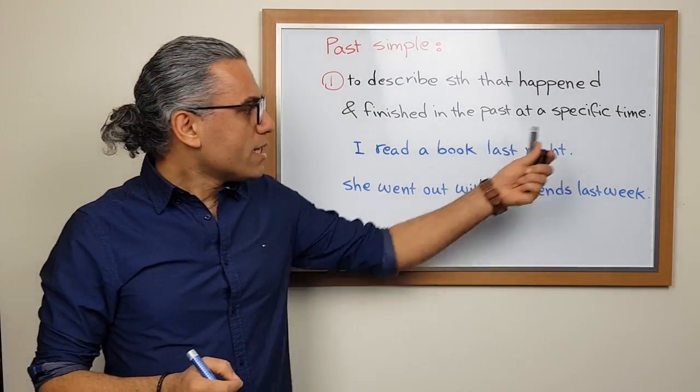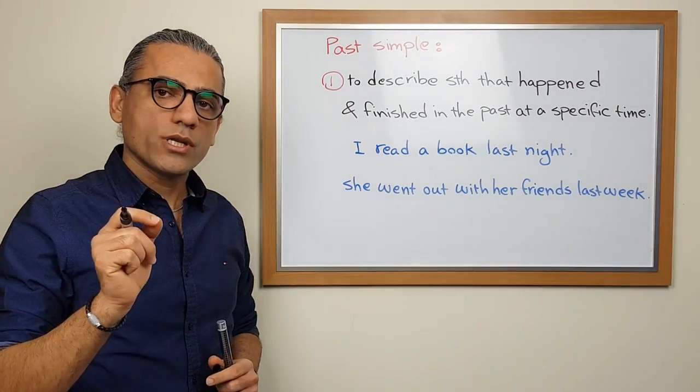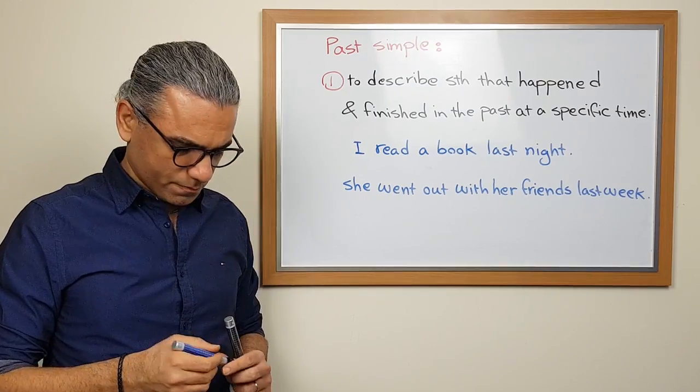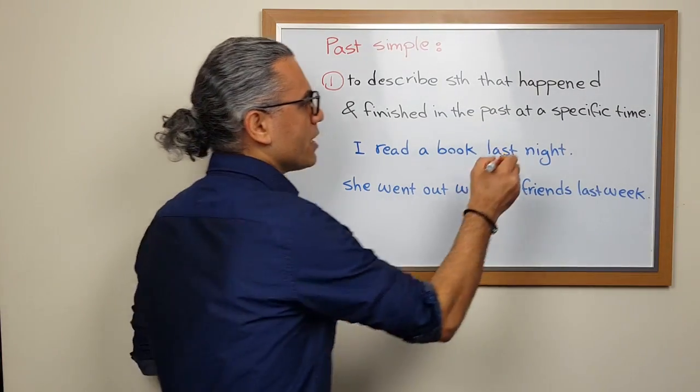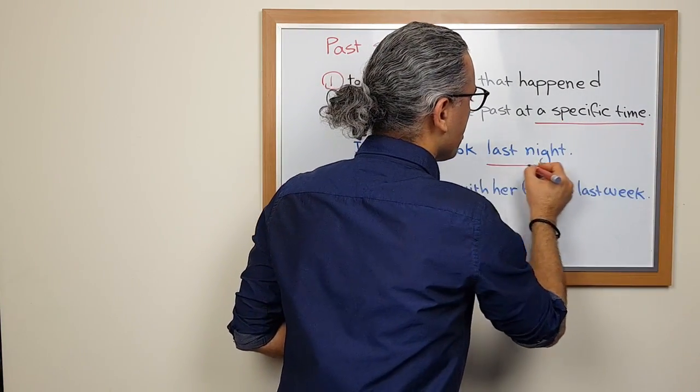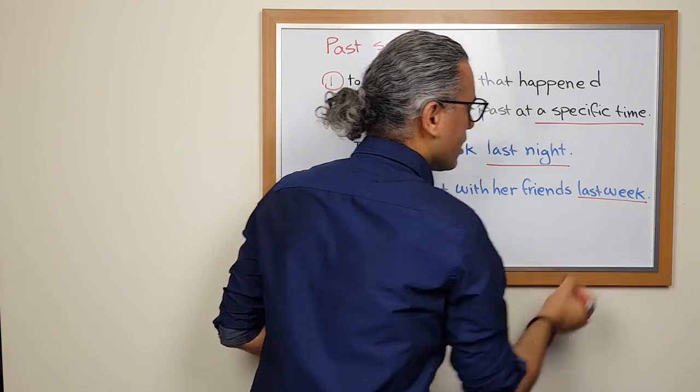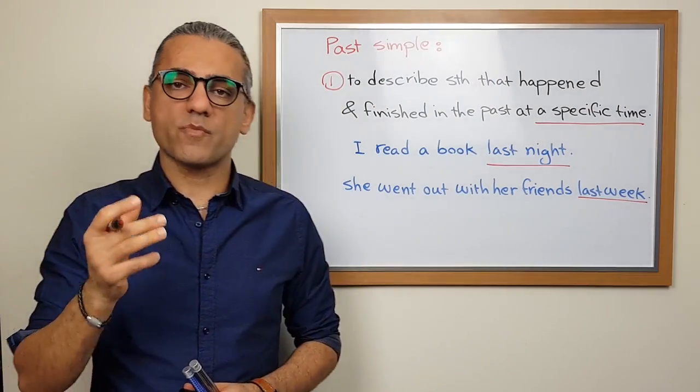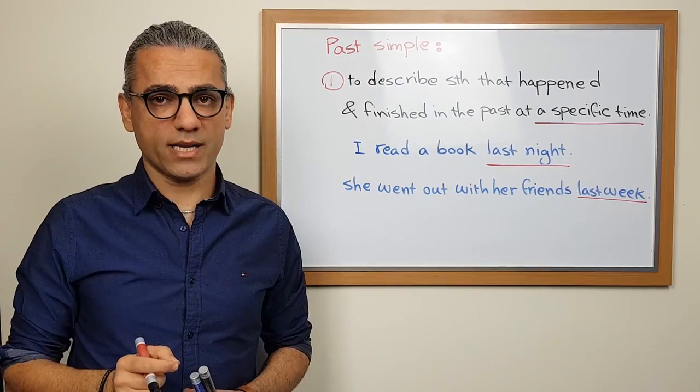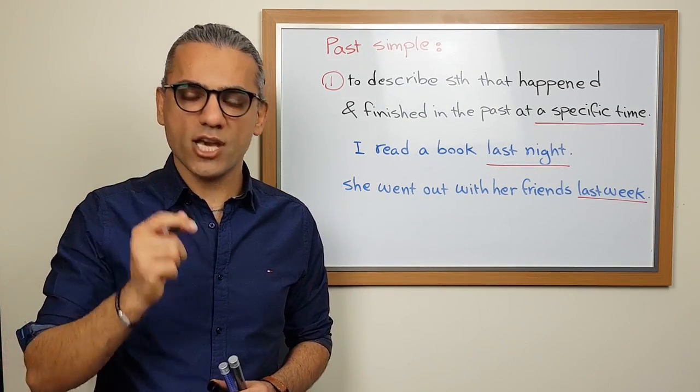Remember, this specific time is particularly important in past simple. As you can see in here, specific time, we have last night and last week. But sometimes this specific time is not specified in the sentence, but it is suggested.